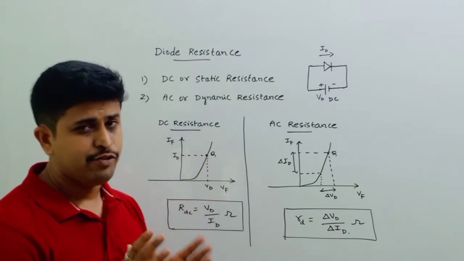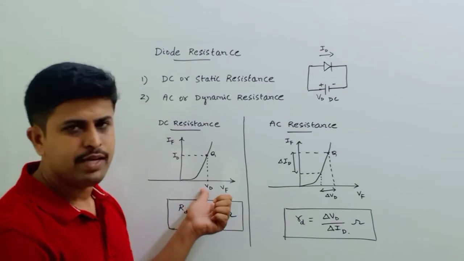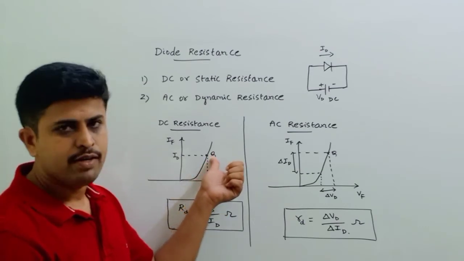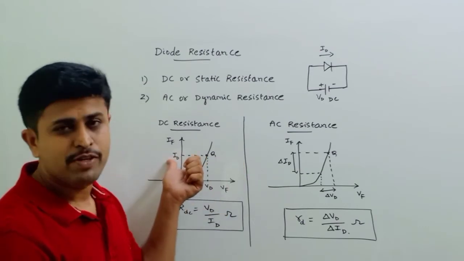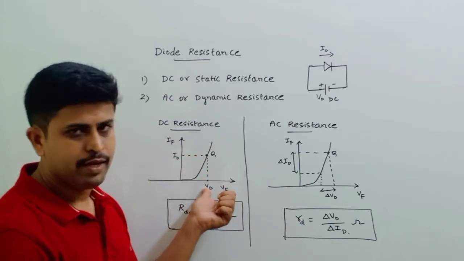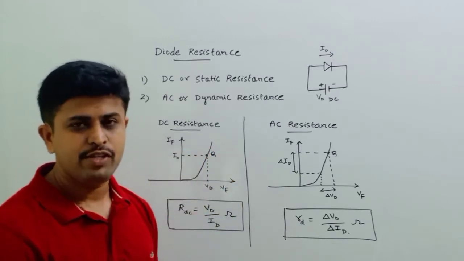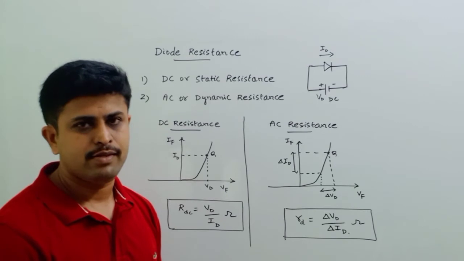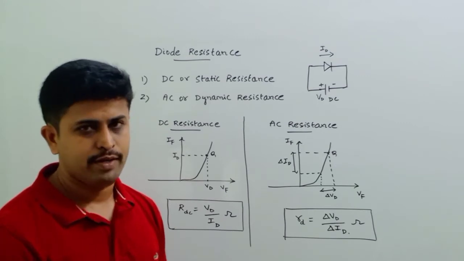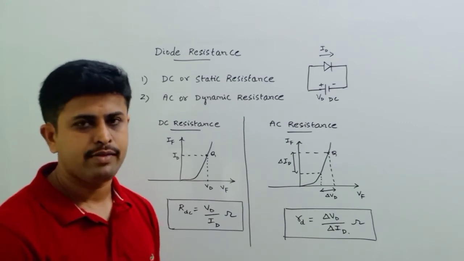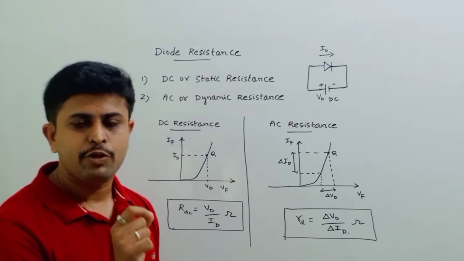It is fixed. Because of this VD, the Q is fixed here, and we are getting this much ID because of this VD. As the point is fixed here, we get the resistance only at that point. So we call that the static resistance of the diode at that Q point.